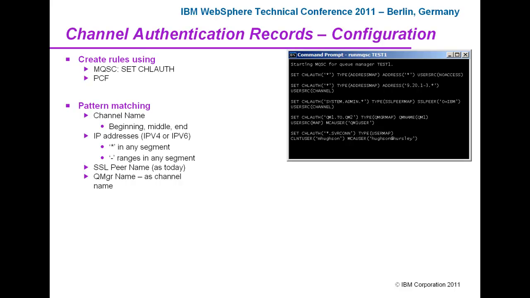Now, something I didn't mention earlier in the week that occurred to me later is that we also have the ability to do a warning mode on anything that's blocked, so anything with user source no access. So setting the backstop rule up with warn yes will still allow people through. And if you stop getting any events that are matching this, you know you've caught everybody that's meant to come in. So that might be the way to start, is to set your backstop rule up with a warning mode on.